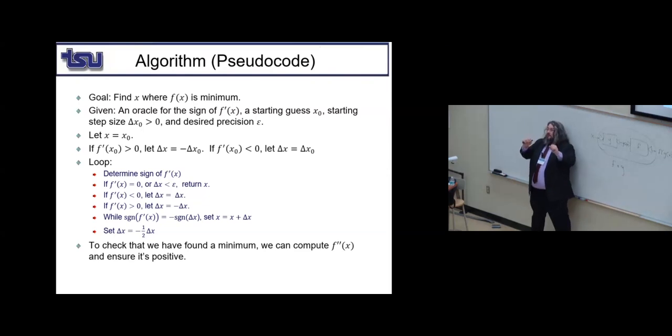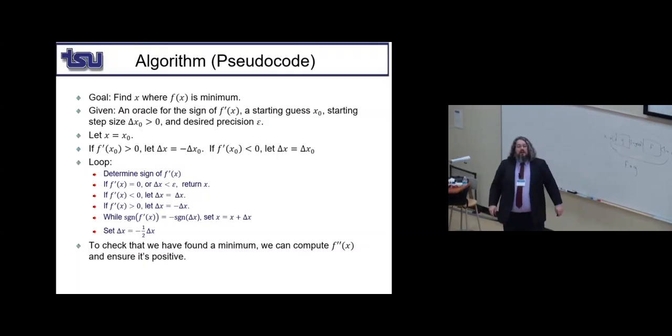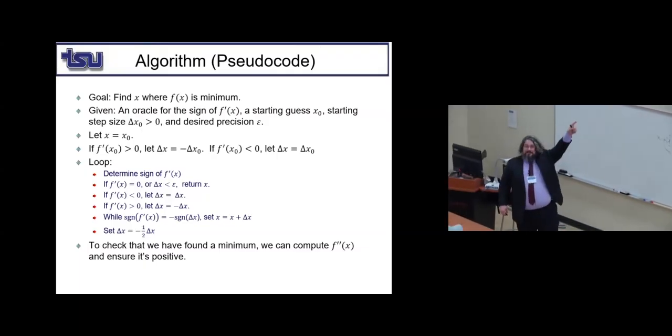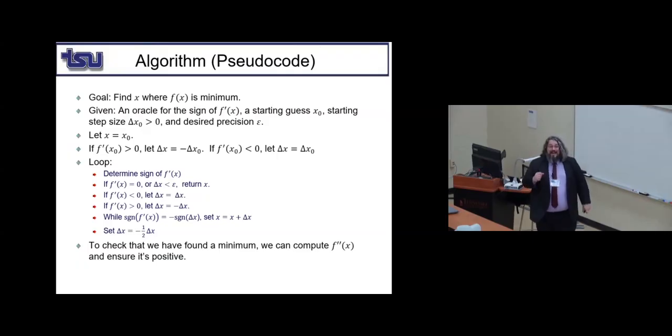Other questions? For this algorithm, if the first derivative is 0 right from the get-go, we've got to do something else.